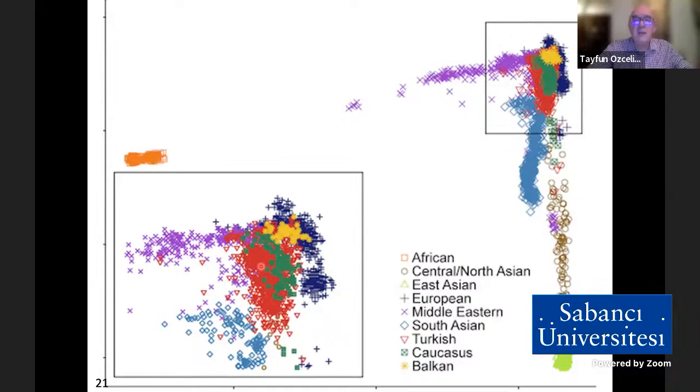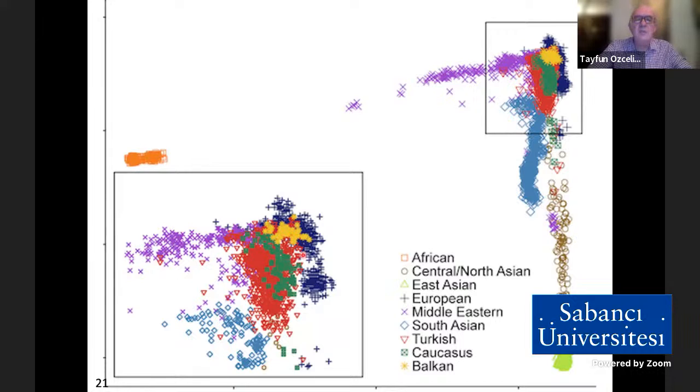The green happens to be the Balkans, and then the blue is the Europeans, the purple is the Middle Easterns. Actually, if you look at this scale, Africa is out here, and South Asia is here, and other populations are Middle Eastern populations up here, and this is the Balkans and the Caucasus regions.